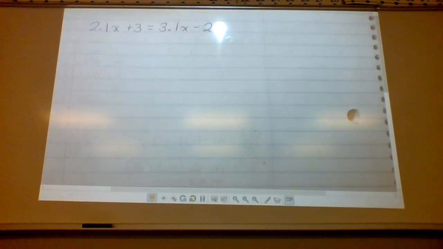Okay, guys, I get it. You see that as 2.1 times x, but you're not going to divide yet. Do not divide until all of your variables are on one side. So you subtract either 2.1x or 3.1x to get it to one side.